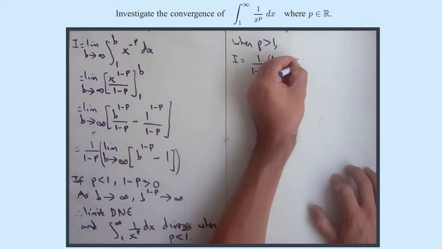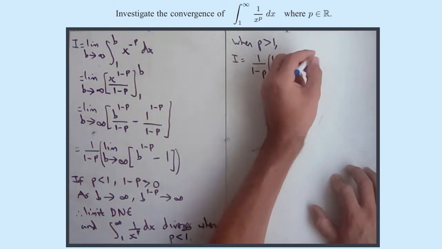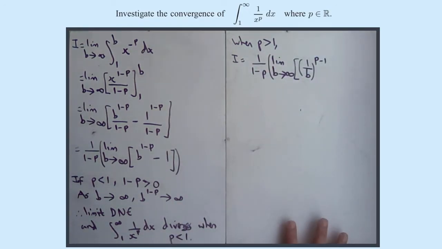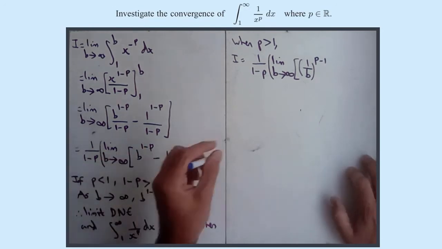So 1 over b to the power p minus 1. It's completely equivalent, just taking the reciprocal and multiplying the power by minus 1.